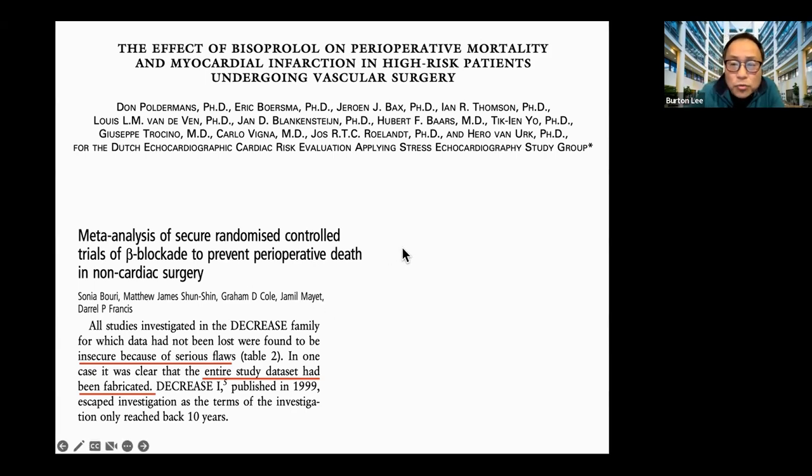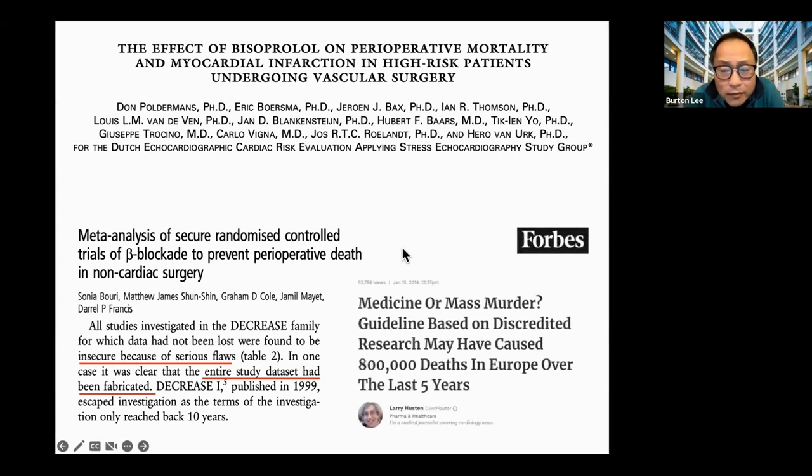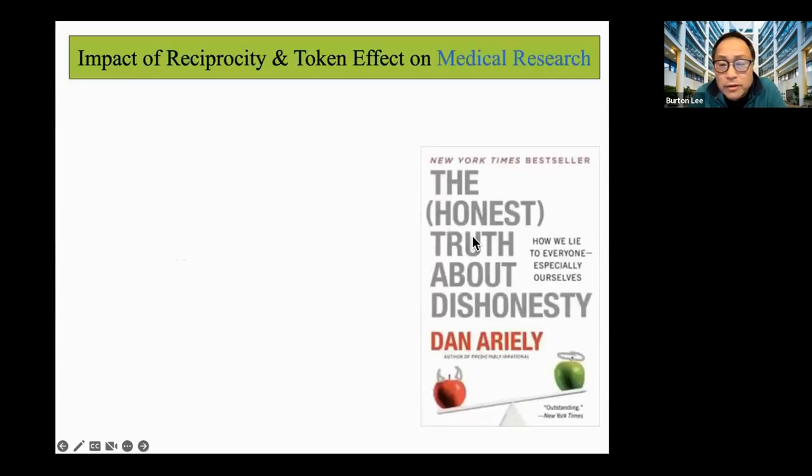And here is a lay magazine article in Forbes where they say, medicine or mass murder, because the guidelines that resulted from this particular paper, they estimate, may have killed about 800,000 people in Europe over 5 years. So something that you have to be aware of.